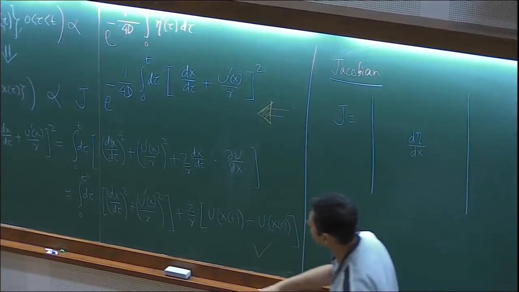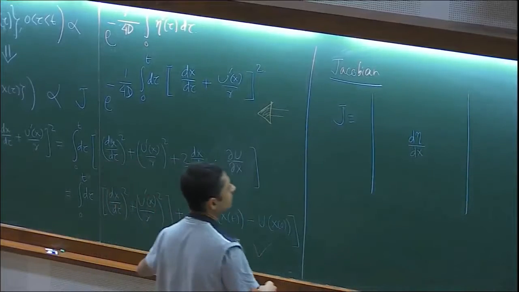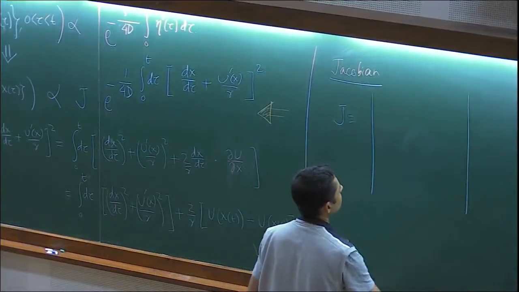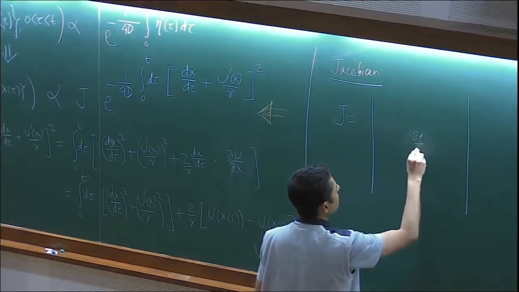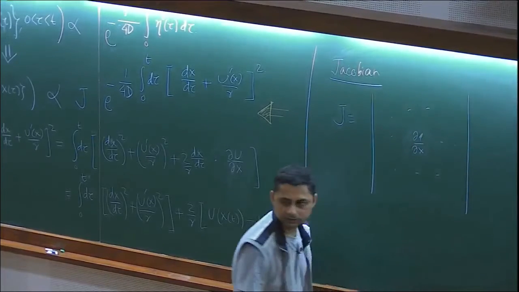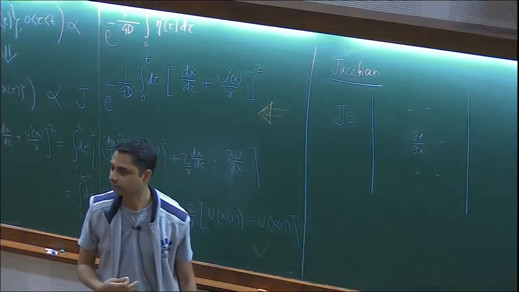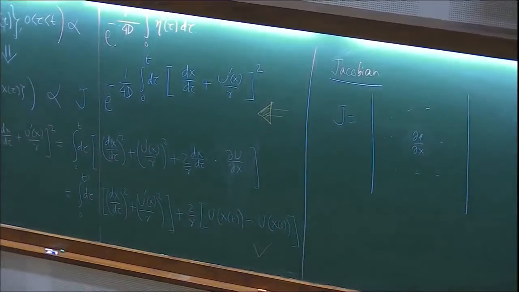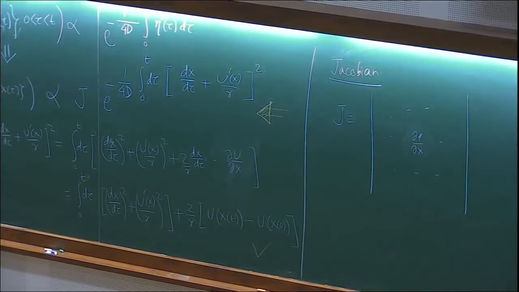So I have to find out all these elements. For example, I have to find out all these elements, right? So let's write down this equation again, the general form, the discretized version of the equation, and then we go to the continuum one to find out the Jacobian.